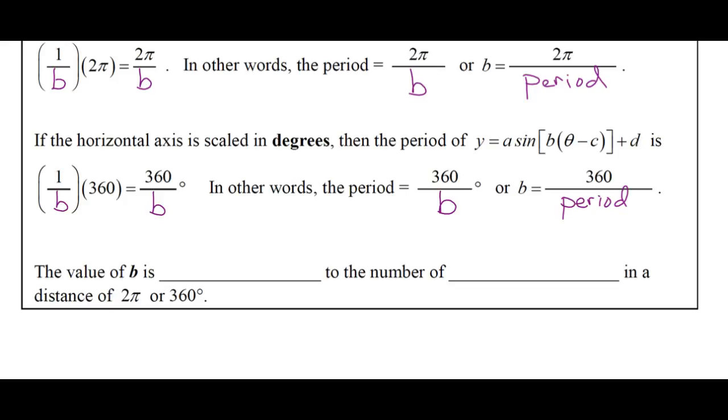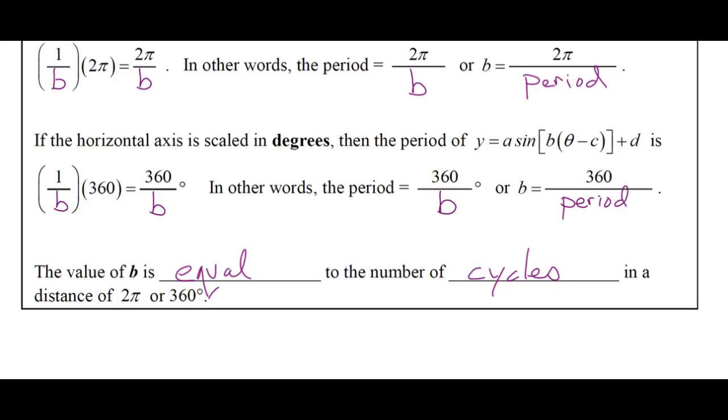The value of B is equal to the number of cycles in a distance of 2 pi. So we talked about this. A lot of times, if the scale isn't nice, you can't tell that the period is 2 pi over 3.